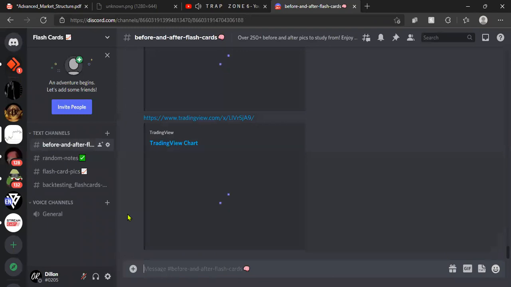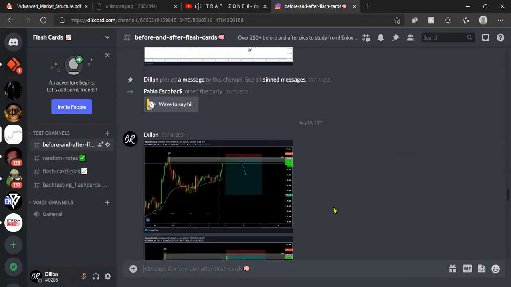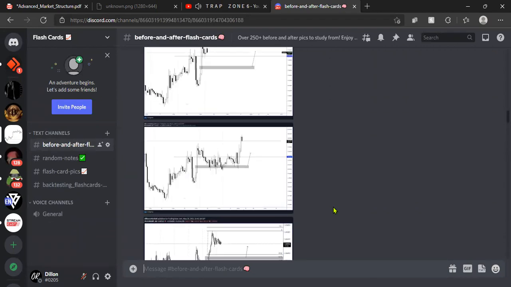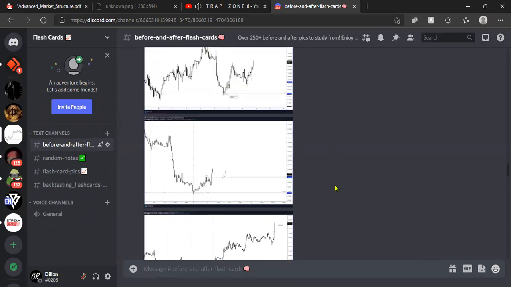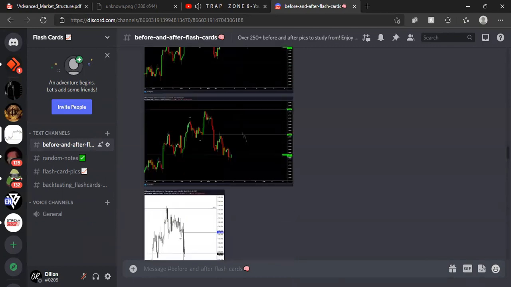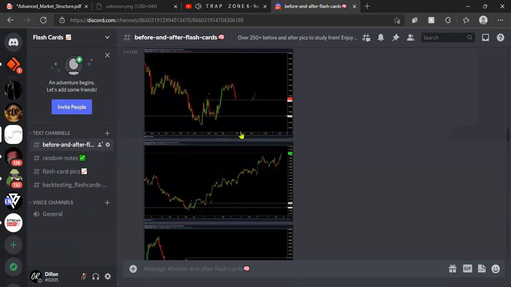we go to my before and afters here and see if I can find this for you guys. I know I have it in a PDF somewhere, but I think I can find it right quick here. Yeah, here it is.